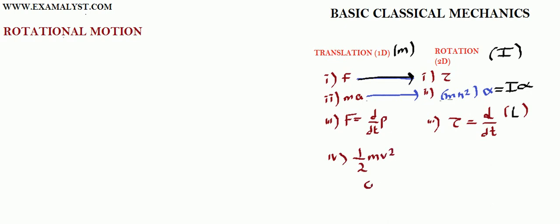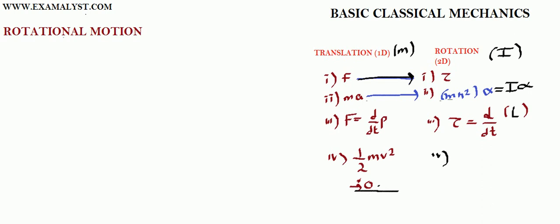Interestingly, there is only one mass which is moving at a velocity v on a 1D road. Agreed?